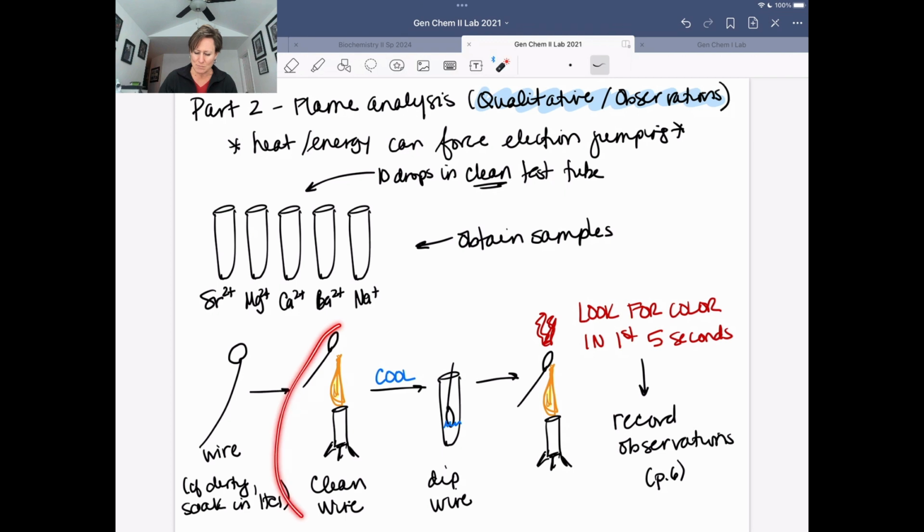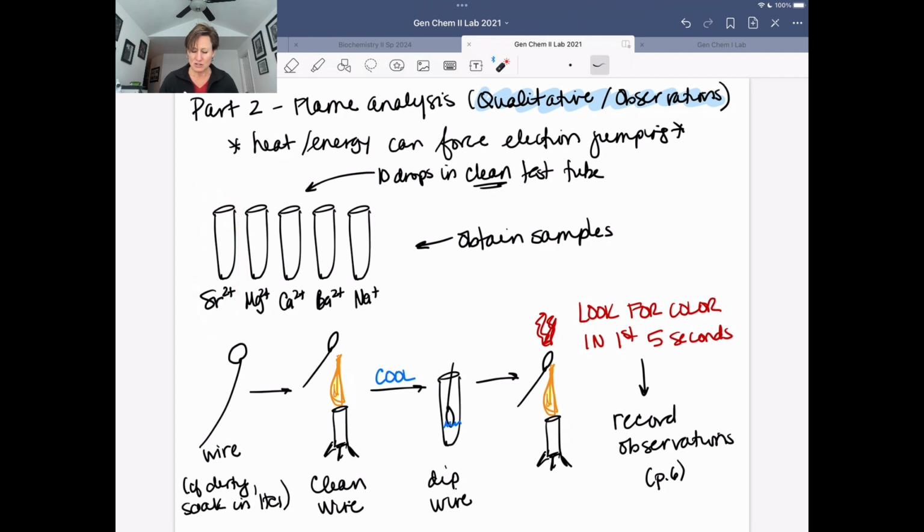Rinse it off, and then to make sure that there's no metal ions that are left over from another trial, you want to clean the wire by putting it in a flame. We're going to be using Bunsen burners, so you want to make sure that you heat that so that it's red in color. It looks like hot metal. And then importantly, let this loop cool. Okay, shouldn't take more than a minute, right? But we want to make sure that that metal is cool before you put it in your sample.